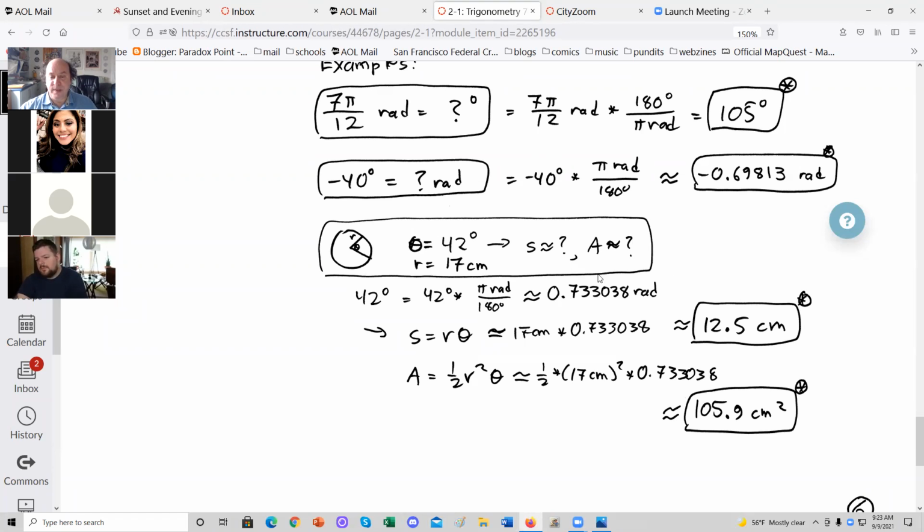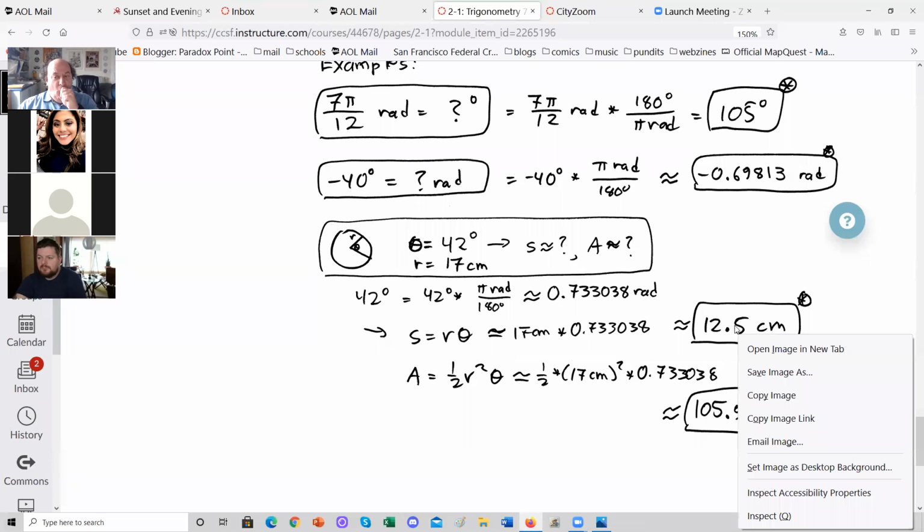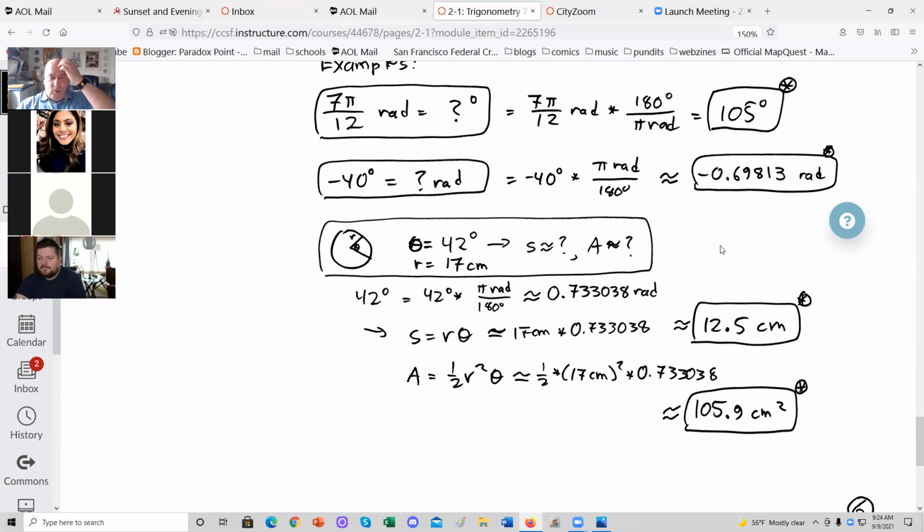All right. So s is r theta, A is half r squared theta. s is 17 centimeters times 0.733038, which is about 12.5 centimeters. You'll notice I only give one decimal figure of accuracy, because really the data had no decimal figures of accuracy.